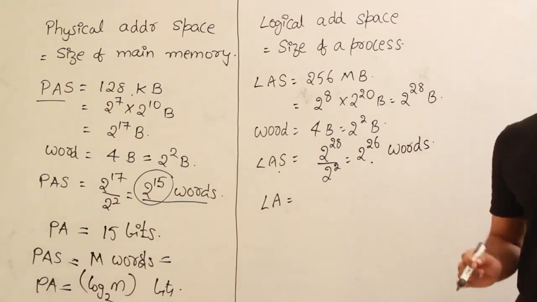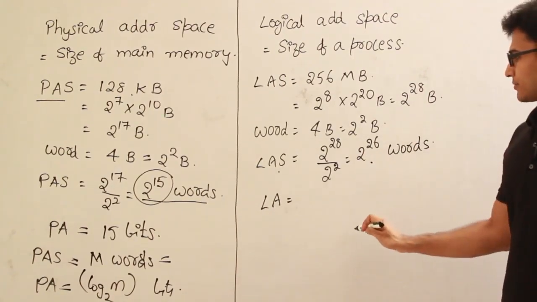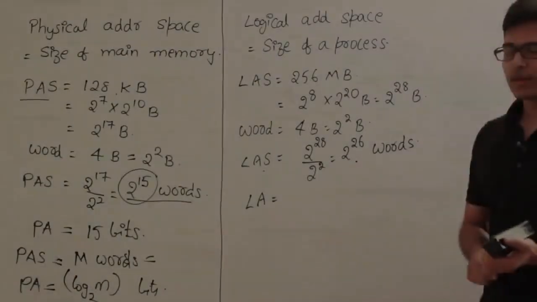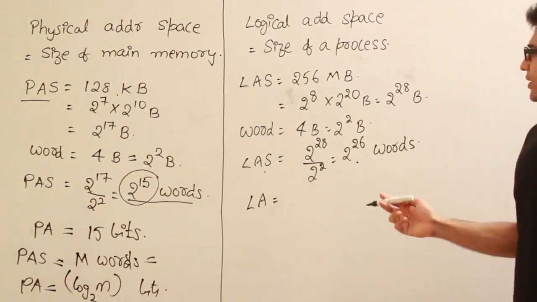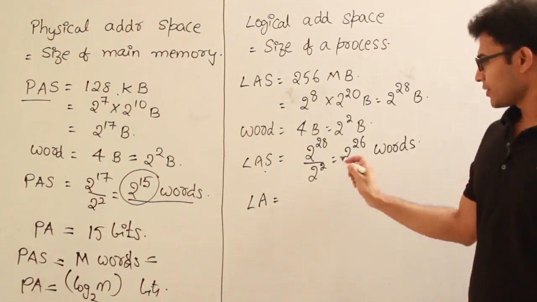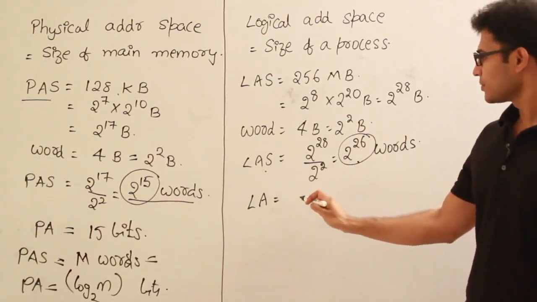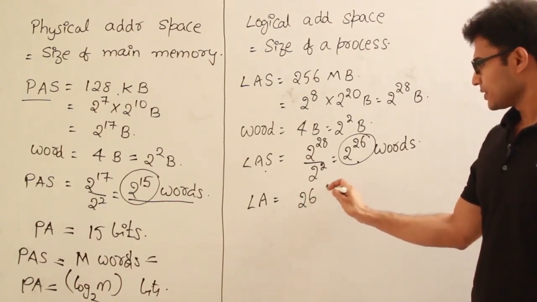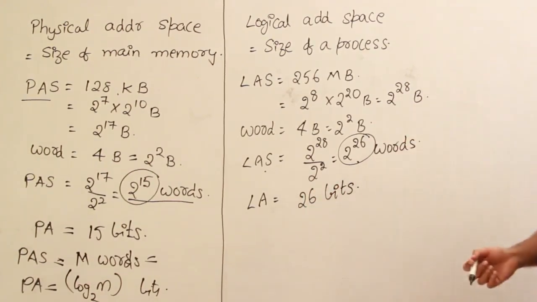Logical address is nothing but the number of bits required to address these many words. If 2 power 26 is the number of words, then obviously it is going to be 26 bits. So 26 bits is going to be required in order to address the logical address.